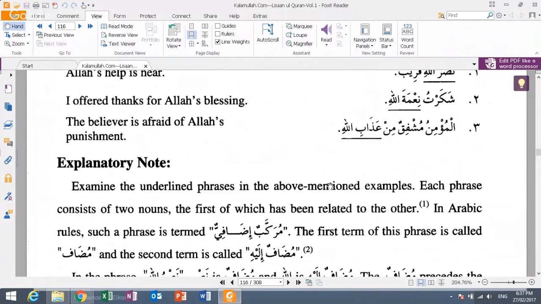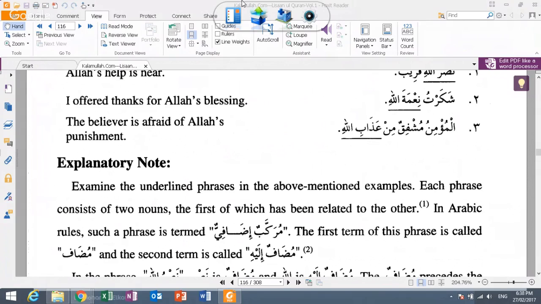So murakkab tawsifi, the adjectival one, we already explained to you, the two words, but incomplete. In Mawsuf Sifat, we explained the first noun is called Mawsuf, the second one is called Sifa.